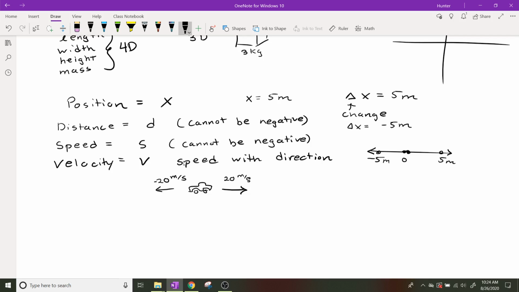So if you're drawing a picture and you write 20 meters per second and the arrow going this way, I will assume that that is negative. In your calculations, I will be looking to see if that's a negative number. Does that make sense? If you draw a picture, I'm not going to go crazy if you don't write negative there, because you understand that it's going that way.